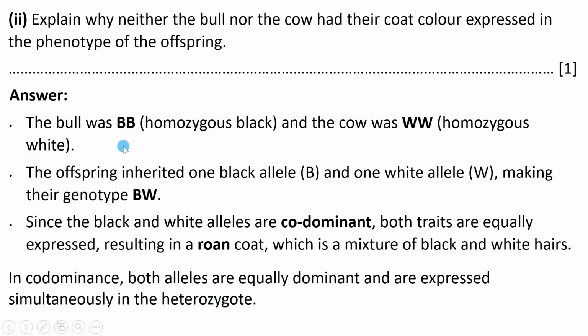So here you see that these alleles, BB, are dominant. That's why it's a pure breed. These WW are dominant. That's why it is a pure breed. So now, these dominant alleles always express themselves in the offspring. So you get B here, you get W here.